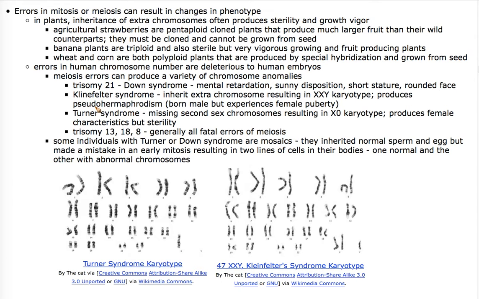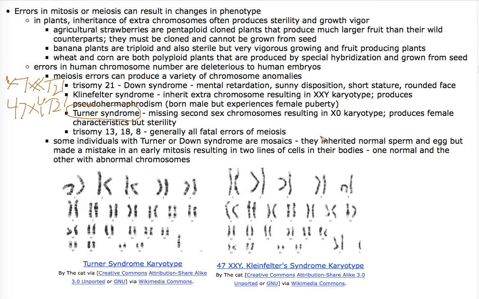Another one is Turner. Turner is where a baby is born 45XO. So just to list this out, trisomy 21 is 47XX, that would be a girl, and then trisomy 21, 47XY.